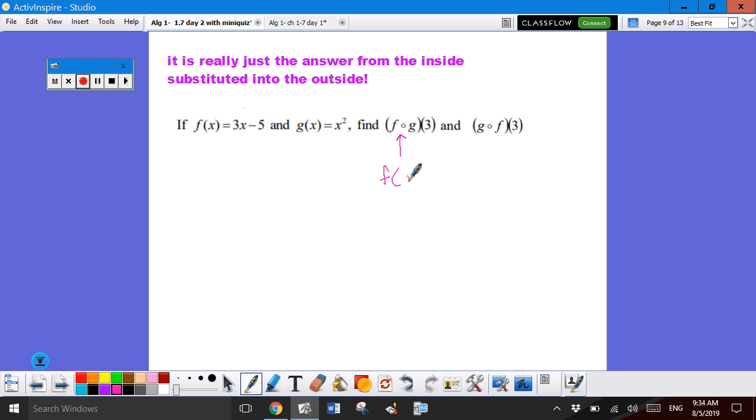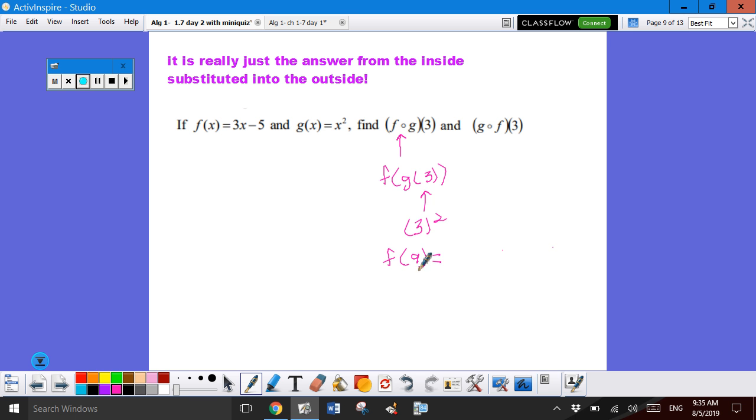So this is actually the same as this, f of g of 3. So I'm always going to start on the inside. So the first thing I'm going to do is evaluate g of 3. So that means the g of 3, I'm going to plug into the x squared, plug in my 3, so that's going to give me 3 squared is 9. So now I actually have f of 9.